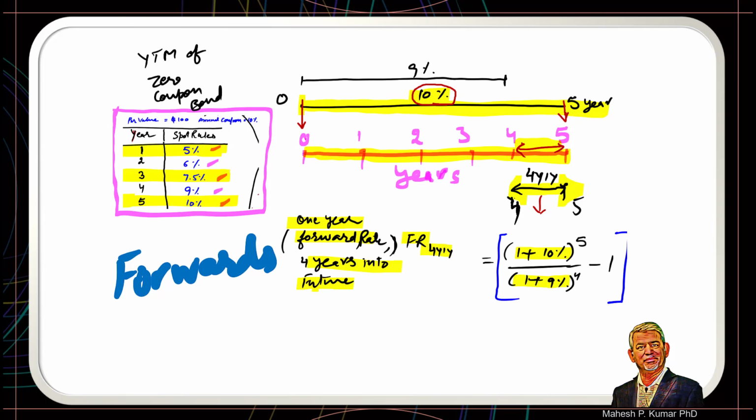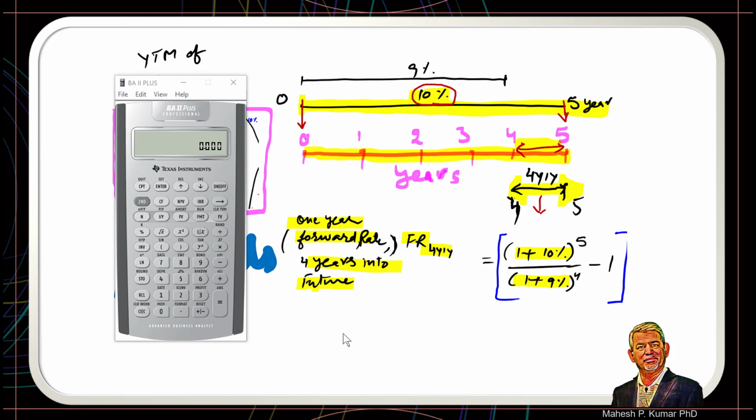So let us do that on the calculator. In order to do that, we have to save some numbers into the memory. So let us clear the memory first. Second, 0, second clear work. So let us now start with the calculation. 1 plus 10% is actually 1 plus 0.10, and it comes out to be 1.10.